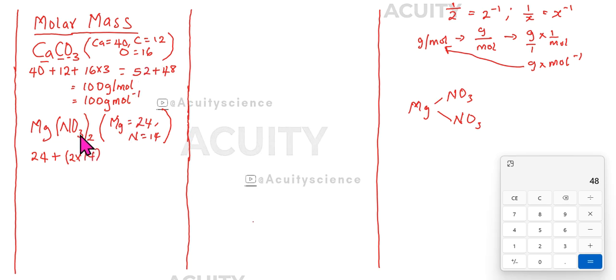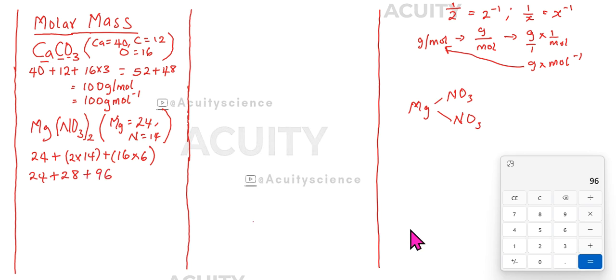Now 2 times 3 is 6, so we have 16 as the mass times 6. So what do we have here? We have 24 plus 28. Let's find out what 16 times 6 should be. We have 96.